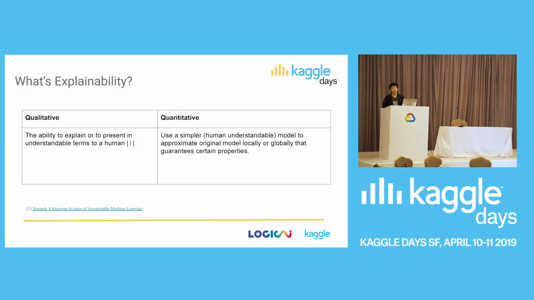Now, before going into those mathematical concepts, let's take one step back to define what explainability is. The left-hand side is a more qualitative definition. It's from a paper by Been Kim, a research scientist at Google. Her definition is that explainability is the ability to explain or present in human understandable terms. So it's a more qualitative way to define it.